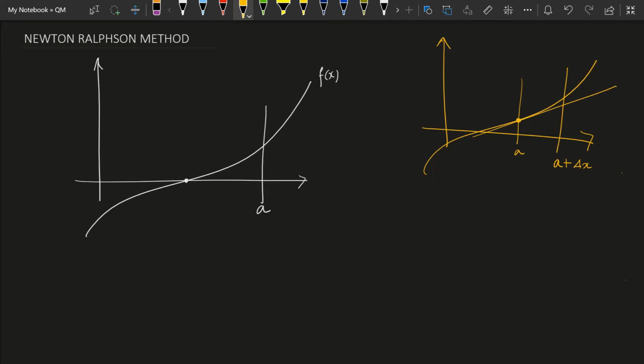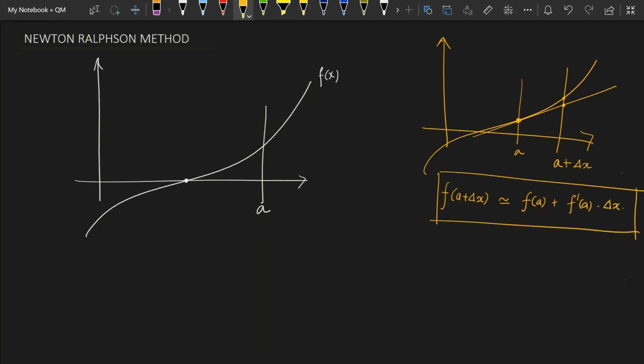If you draw a tangent from here, the point where the tangent intersects will be a very close approximation to the value of the function there, right? F of a plus delta x is approximately f of a plus f dash of a into delta x. The basic first order approximation. I am assuming that you know this, but figuring this out is not so hard. You can try, but this is a prerequisite.